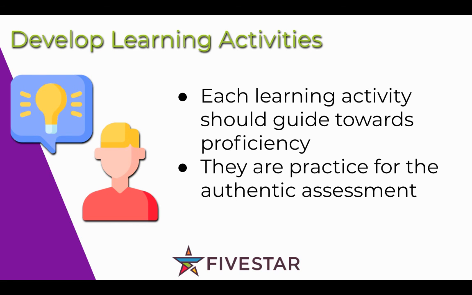And these learning activities are your students' opportunity to practice whatever task you're asking them to perform in the performance task. If in the performance task, you're asking students to compare and contrast something, the first time they do that better not be in the performance task. You should be practicing comparing and contrasting as you're working your way towards that performance task in your learning activities.